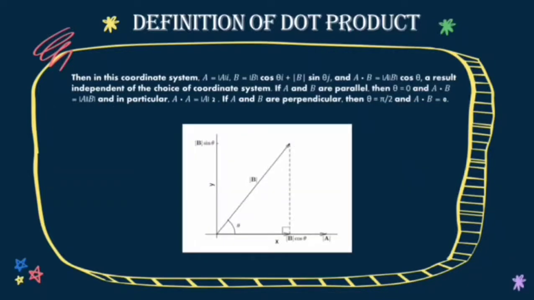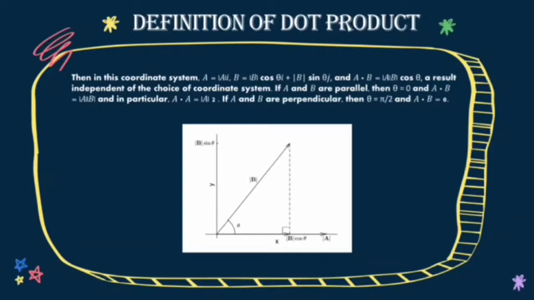Then in this coordinate system, A equals modulus A i, B equals modulus B cos theta i plus modulus B sin theta j, and A dot B equals modulus A modulus B cos theta. A result independent of the choice of coordinate system.